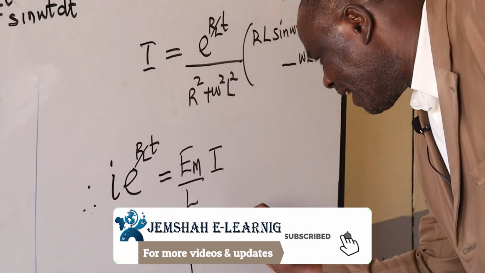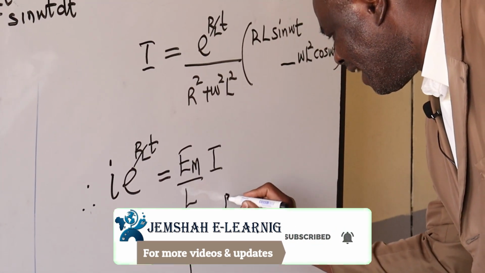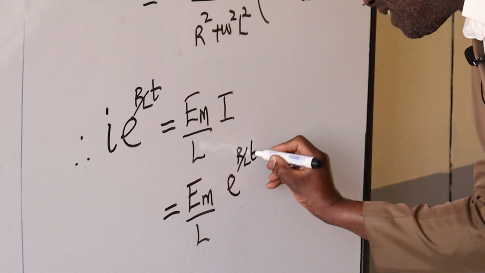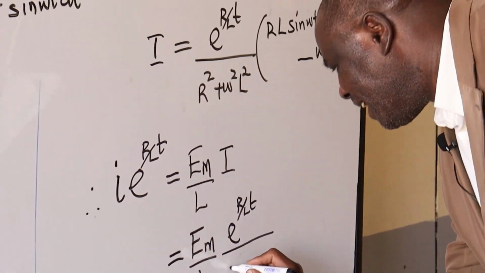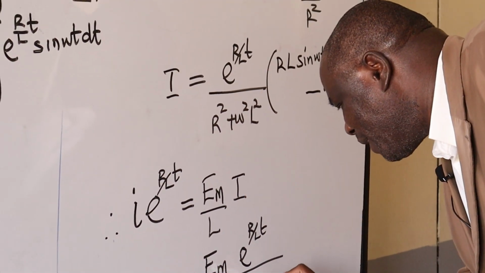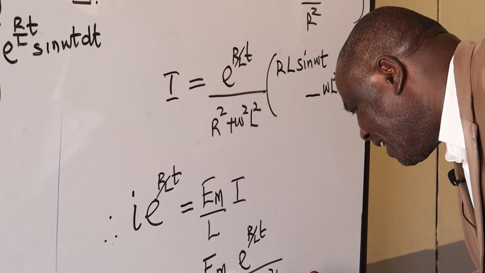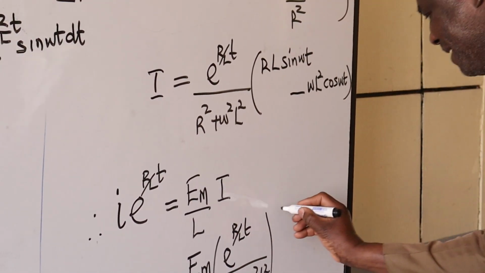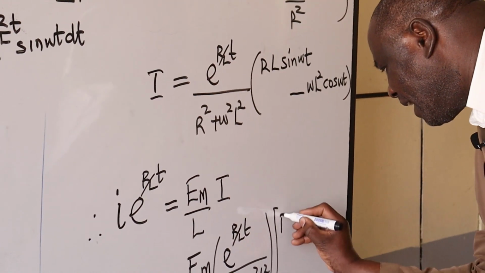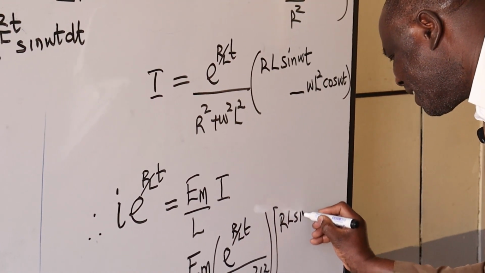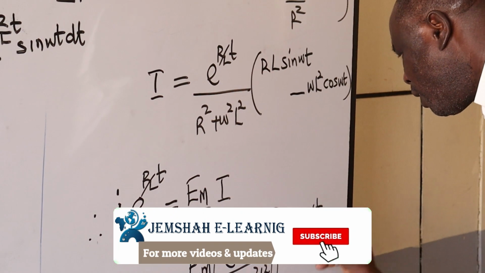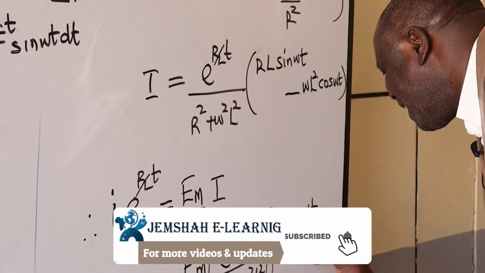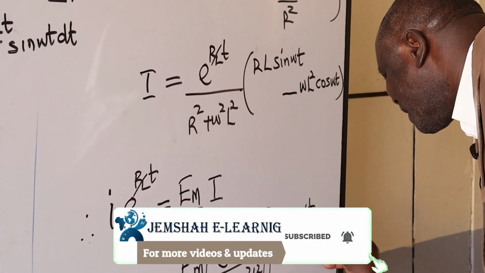It is exponential R over L t, all over R squared plus omega squared L squared, the whole of this multiplying R L sine omega t minus omega L squared cos omega t.